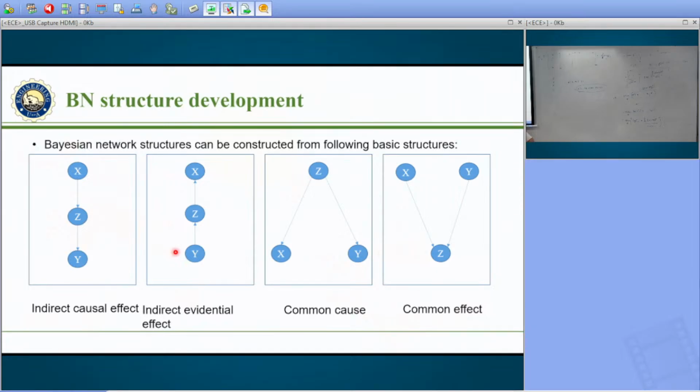If I know the Z information, then X and Y are independent.